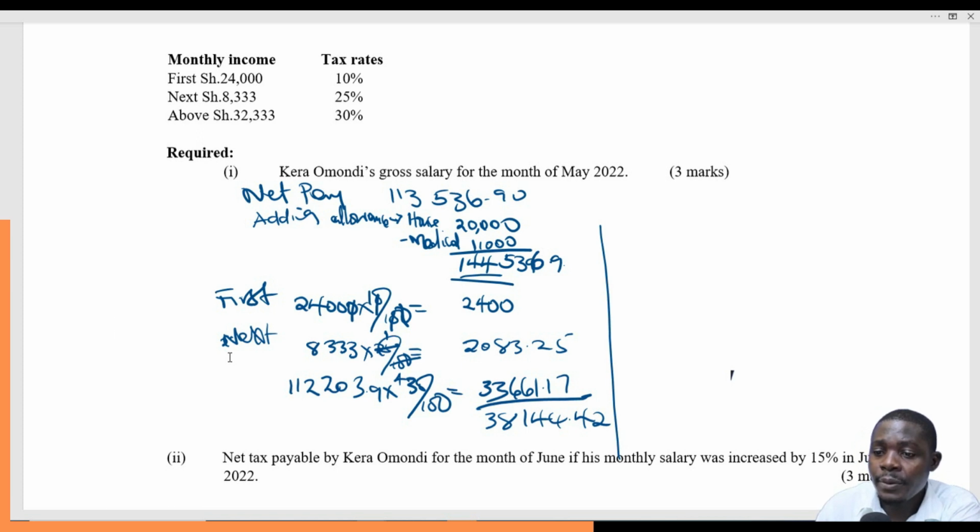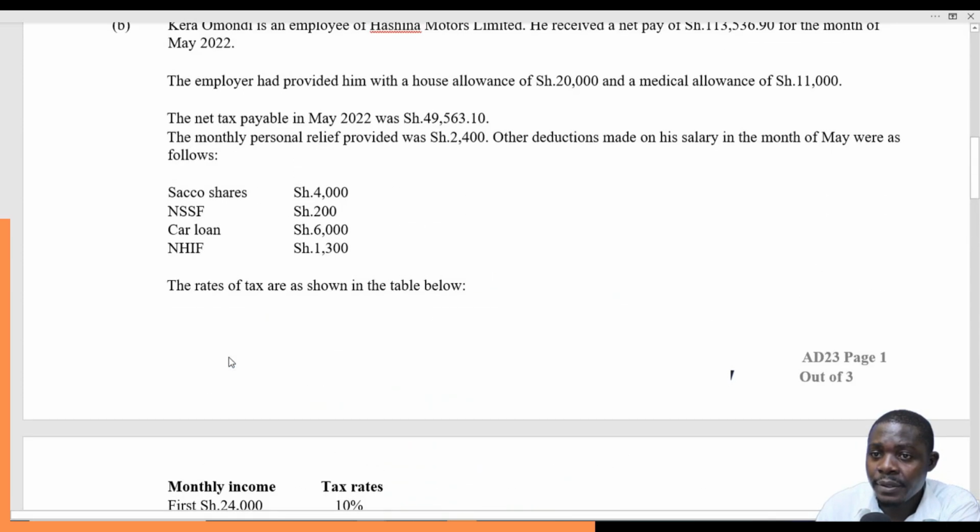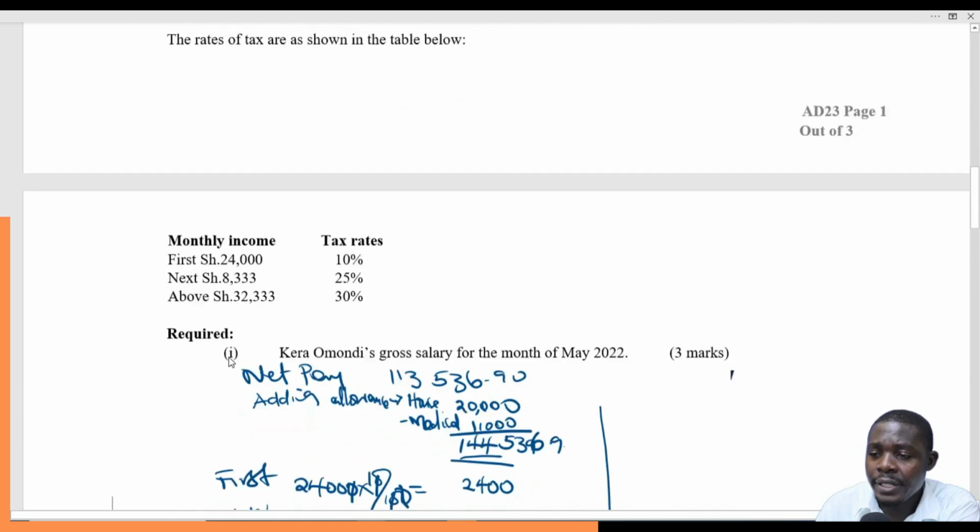Then we are told that we have personal relief of 2,400.